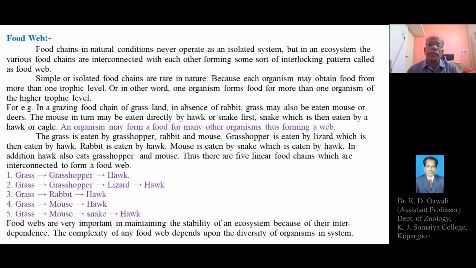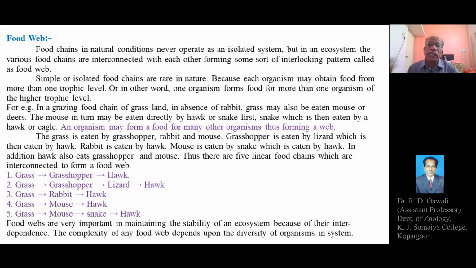Thus the detritus food chain starts with the first feeding level, that is decaying organic matter or detritus, and the organisms which feed on the detritus are called detritivores.